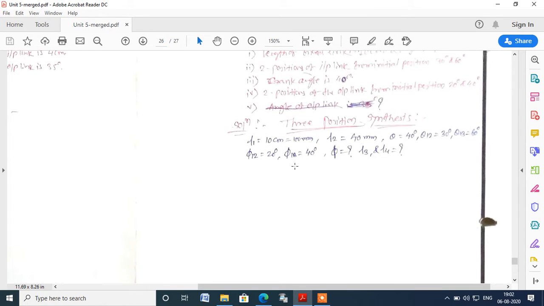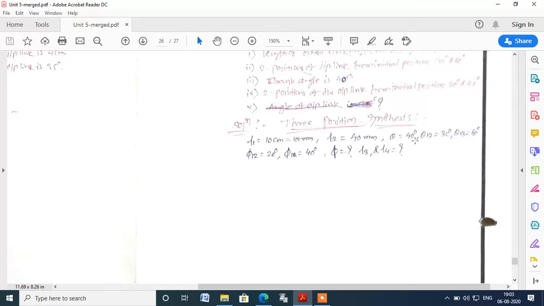So whatever is given we have written as the given quantities. The length of the fixed link, let us say L1, is 10 cm, that is 100 mm. Then the input link length, L2, is 40 mm. Here the crank angle is given as 40 degrees, so theta is 40 degrees.